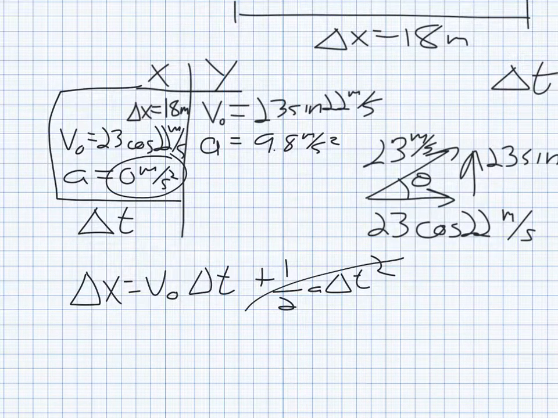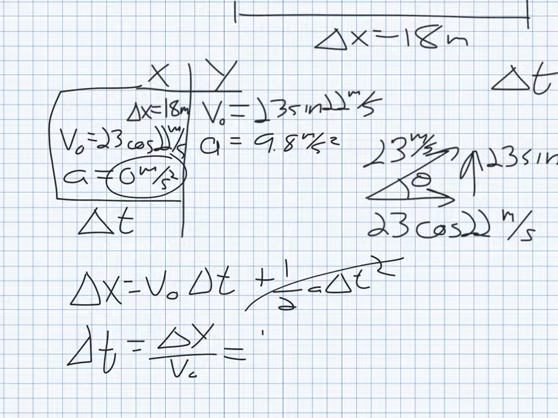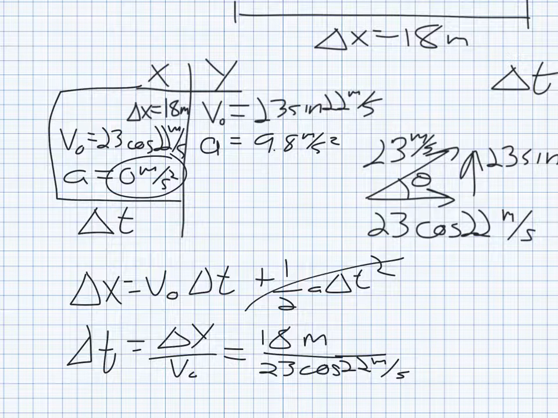So this becomes fairly easy. If I solve for delta t, I'm going to get delta t equal to delta x over v naught, which is equal to 18 meters over 23 cosine 22 meters per second.